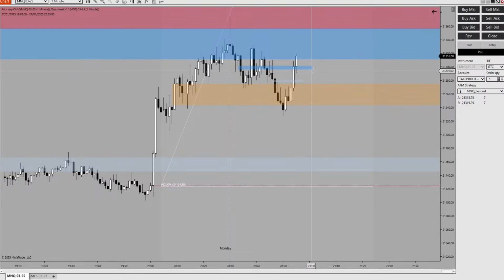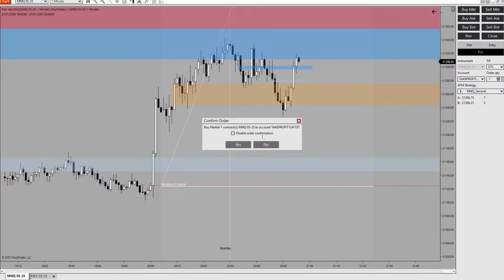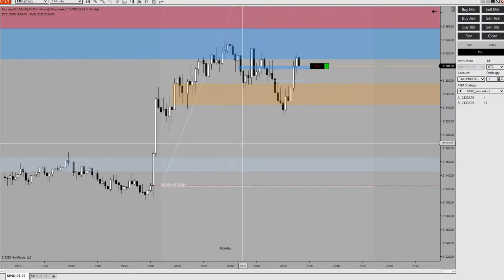So even from where it is right now, 316, this high, it's a good distance for price to reach up into. Order filled.